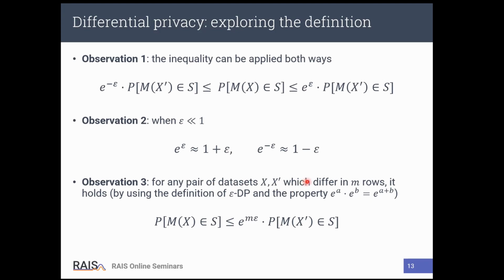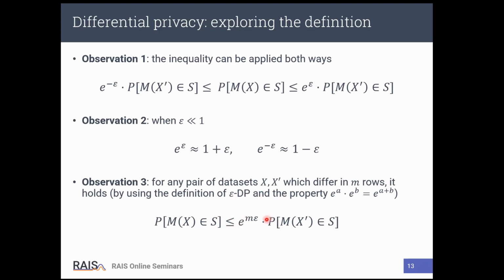But the reason why we use this e to the epsilon is because of this composability property of the exponentials. In particular, if you apply the definition multiple times, you can find that for a pair of data sets that differ in m rows instead of only one row, so they're not adjacent, but they have m entries of difference, still a less tight bound holds, which instead of being e to the epsilon is e to the m epsilon.